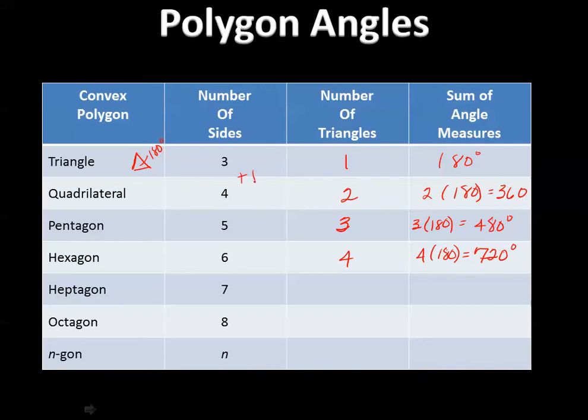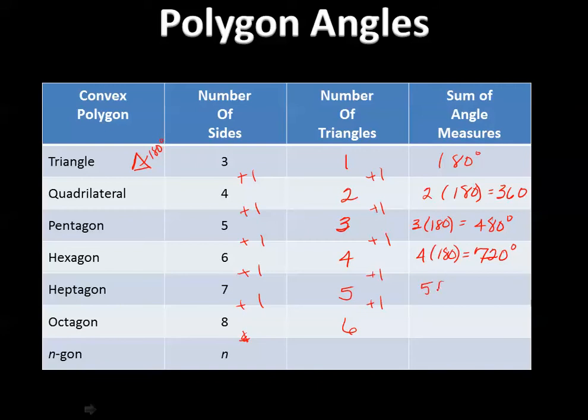Each of these is increasing by 1. My number of sides is always increasing by 1, and my number of triangles is also increasing by 1. So plus 1 means a heptagon has 5 triangles, plus 1, an octagon has 6 triangles.